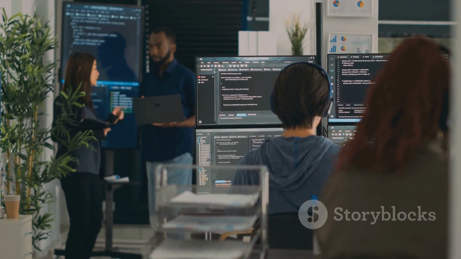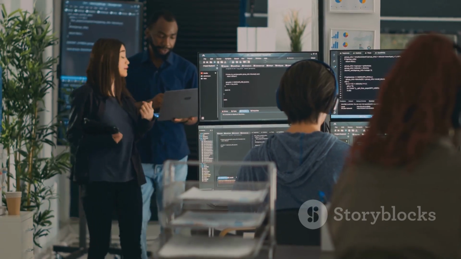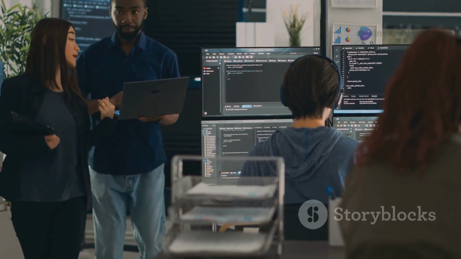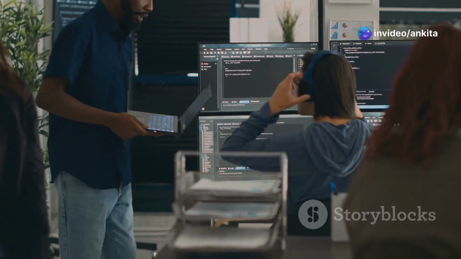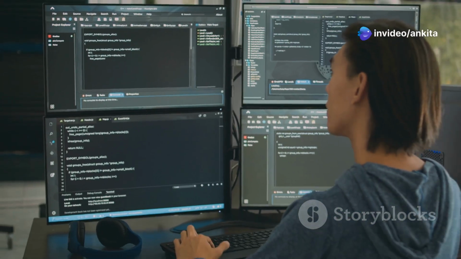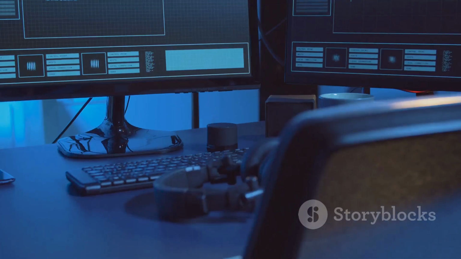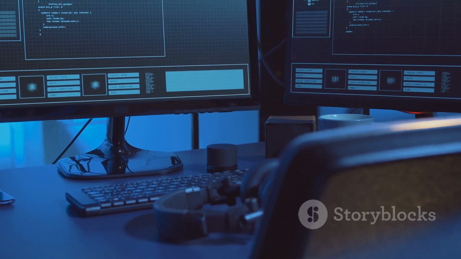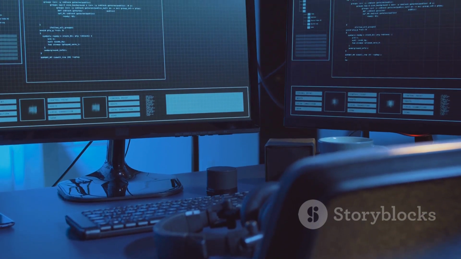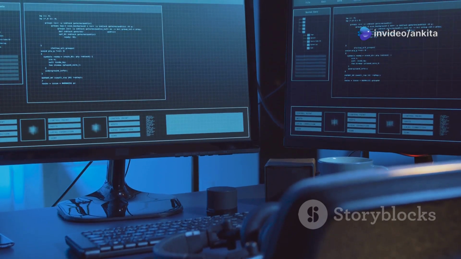QA's focus on process adherence helps development teams work more efficiently and consistently, reducing the introduction of defects from the outset. One of the most significant contributions of QA is towards enhancing software reliability. Reliability means the software performs its intended functions correctly and consistently over time, under specified conditions.